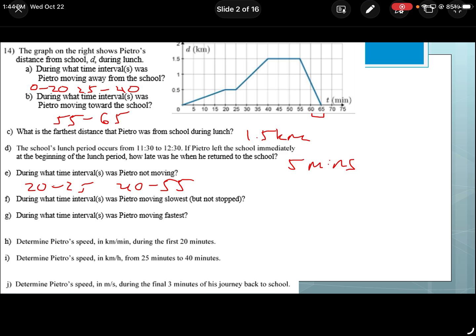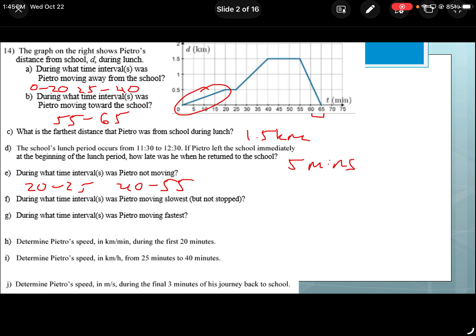During what time interval was Pietro moving the slowest but not stopped? What you're doing is looking for the slowest, the least amount of slope, the slope that doesn't have the highest gradient. Basically the line that's the flattest to the floor. So this is, I hope you agree, the flattest one, because you can see that all the others are a bit sharper.